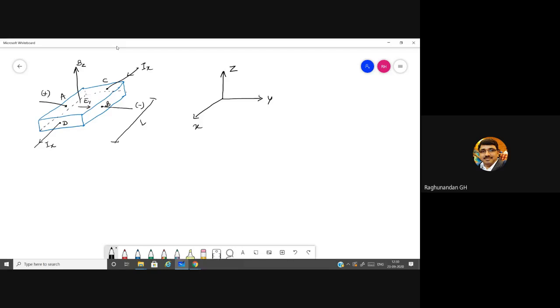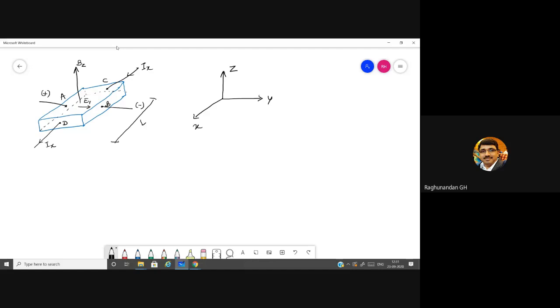I have already explained what the Hall effect is, but I'll tell it again. Whenever a semiconductor material is connected to a battery, the current will be flowing in the x direction. Then when a magnetic bar is brought closer to this semiconductor bar or conducting material, the electrons and holes are slightly diverted to the opposite ends.